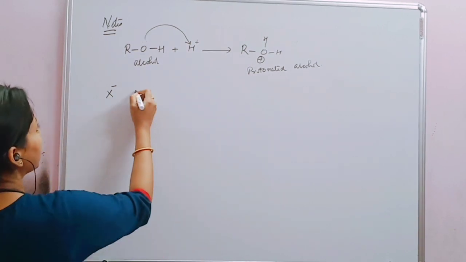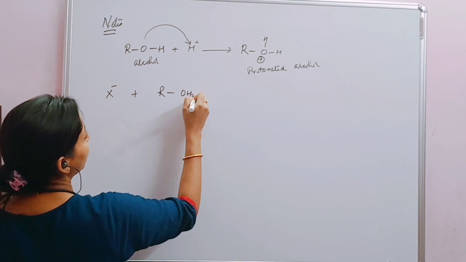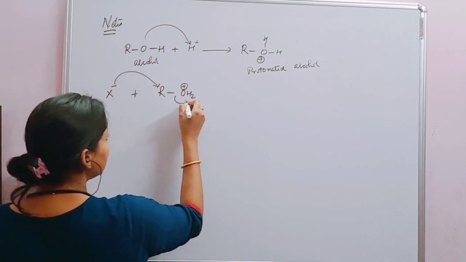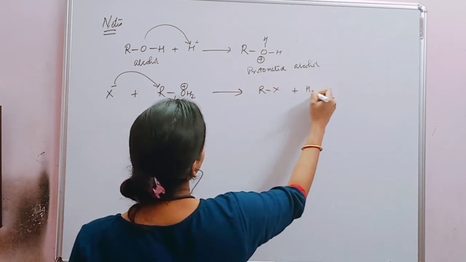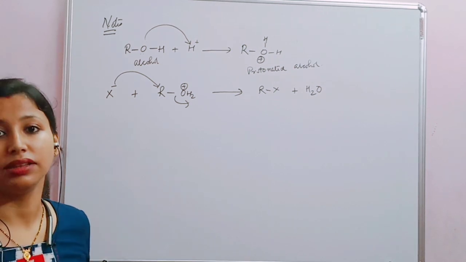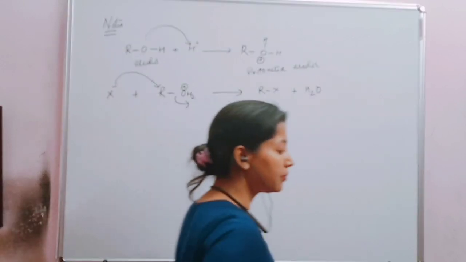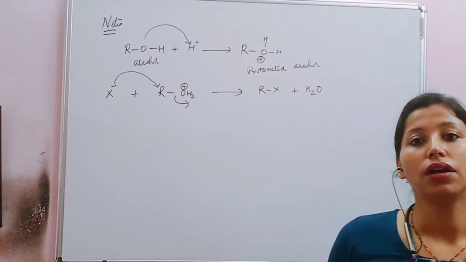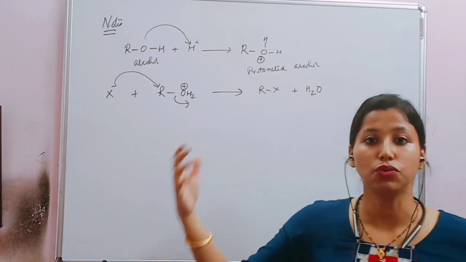Next, X minus, that is my nucleophile that has come from the halogen acid, will attack this protonated alcohol. It attacks here, water goes away, so we get RX plus H2O. So you must remember what is actually happening in the reaction. If you follow this mechanism, then we will learn how different halogen acids show reactivity towards an alcohol.